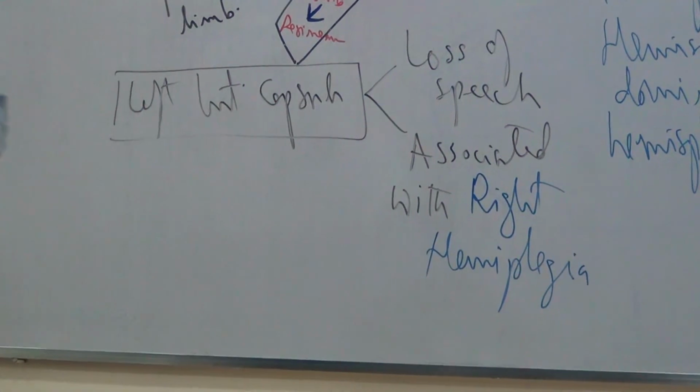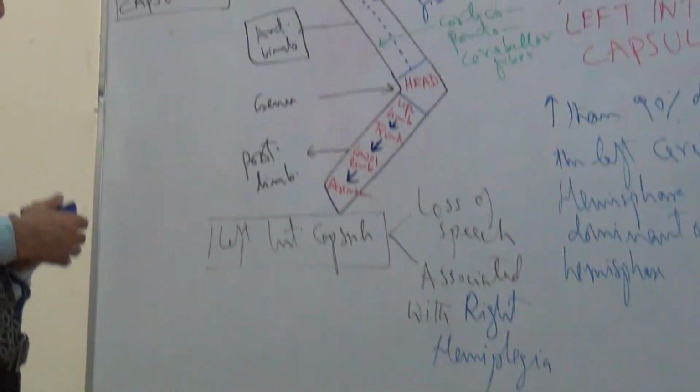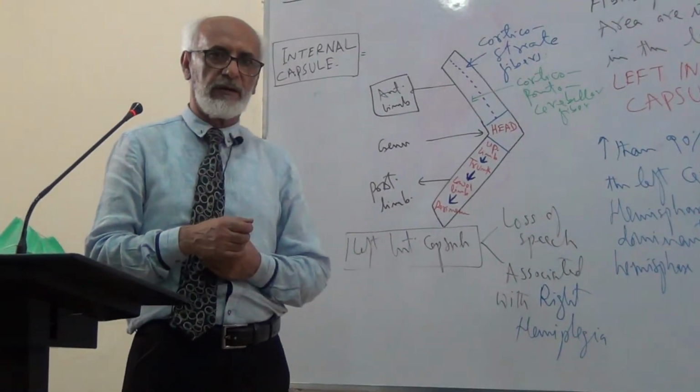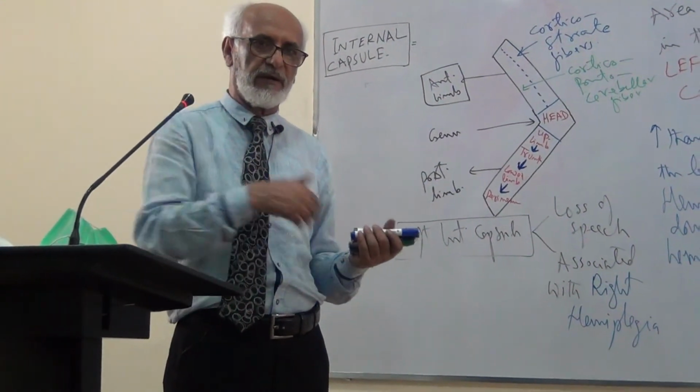When the left internal capsule is damaged, there will be loss of speech, and it will be associated not with paralysis of the left side but the right side.